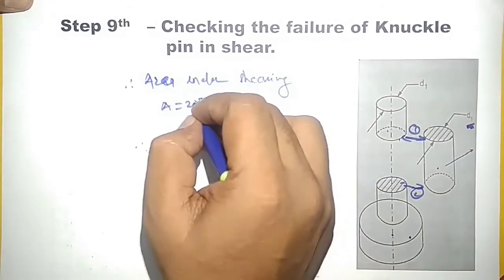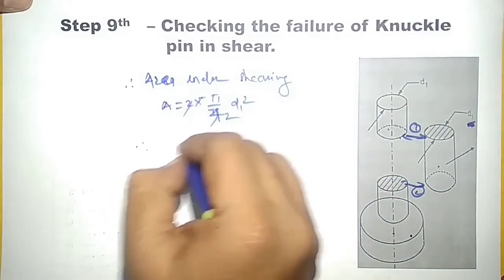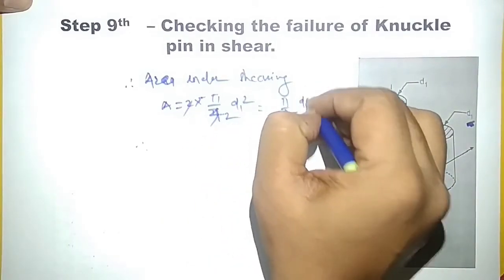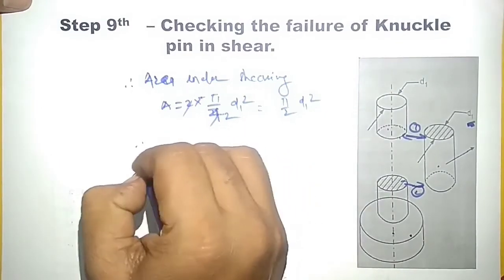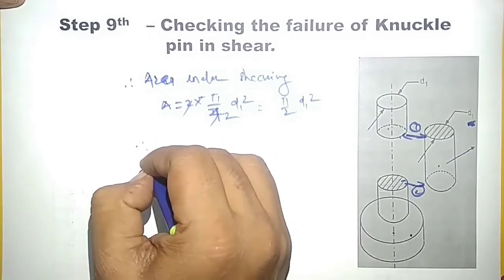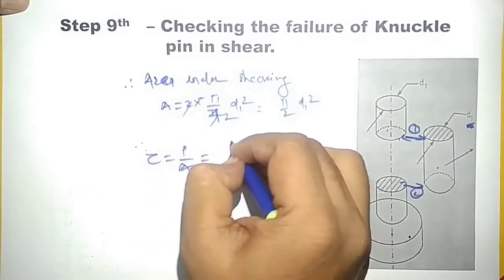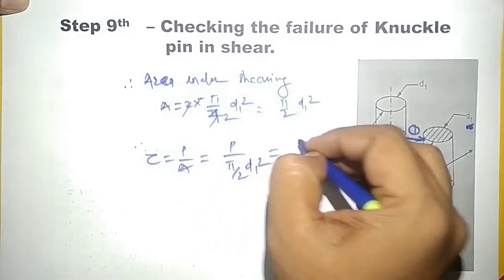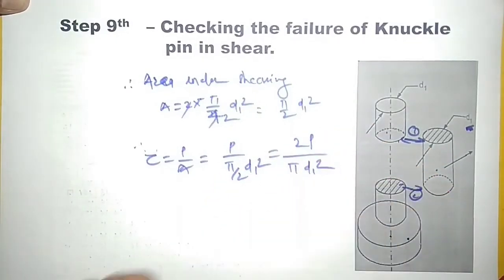So the area becomes 2 into pi by 4, that is pi by 2 d1 square. Therefore, the shear stress tau is equal to P upon area, P upon pi by 2 d1 square, that is 2P over pi d1 square.